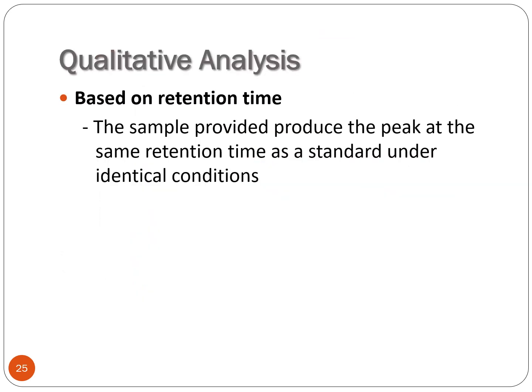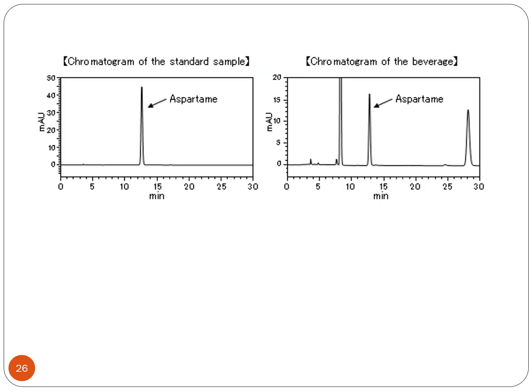Okay, for qualitative analysis based on the retention time, the sample provided produced the peak at the same retention time as a standard under identical conditions. Like when you did HPLC the other day, you wanted to find out whether there is a caffeine peak in the soft drink.